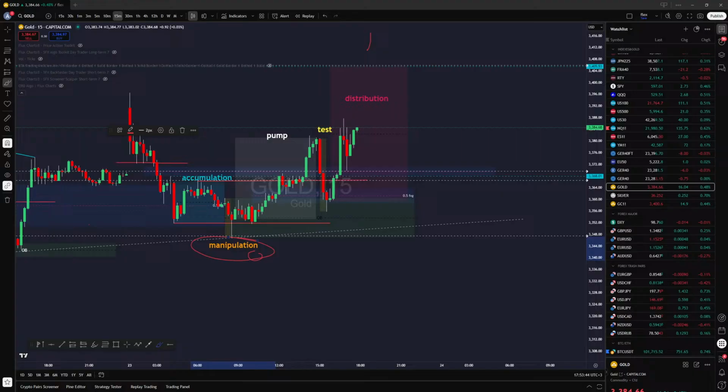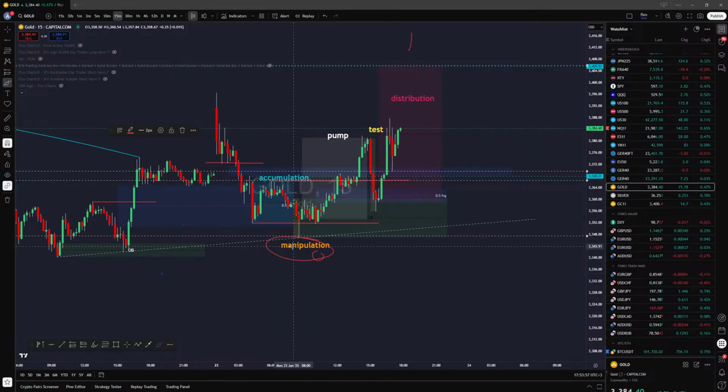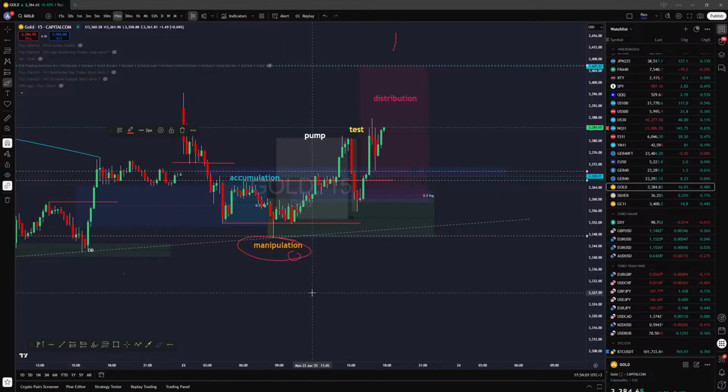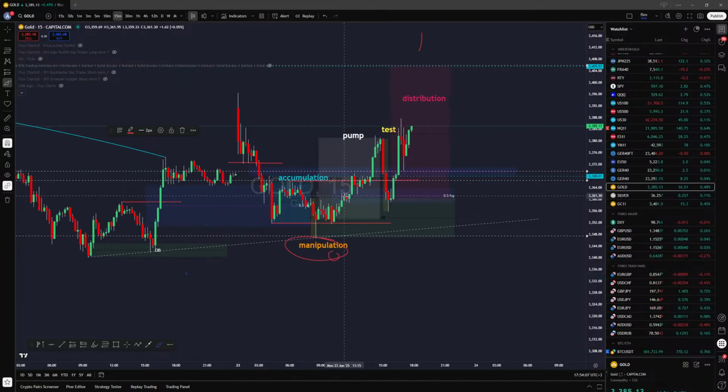If you can identify it, if you can spot it, then great. It will be easier for you to trade and make profit out of it. It's a must-have for swing trading, because accumulation, manipulation, and distribution phases are probably the most important when you're trading for a very long time.